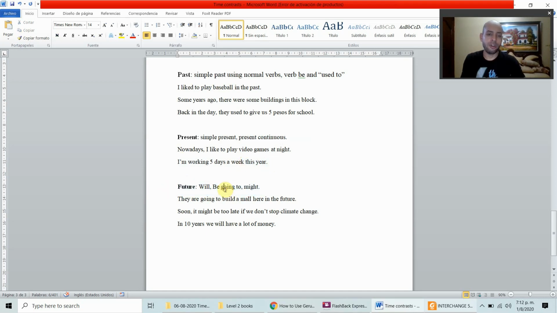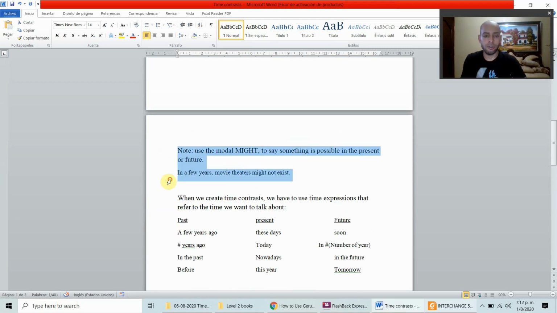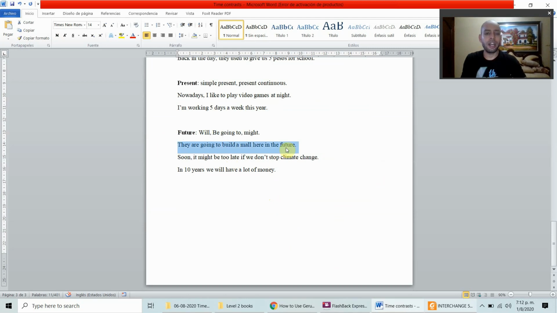Now with the future we can use will, we can use be going to, and we can use might. We saw the use of might here. So they are going to build a mall here in the future. In the future, they are going to build a mall here. Now there is no mall here, and in the future they are going to build it.